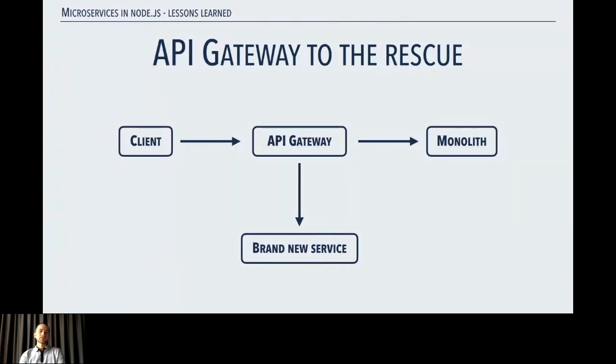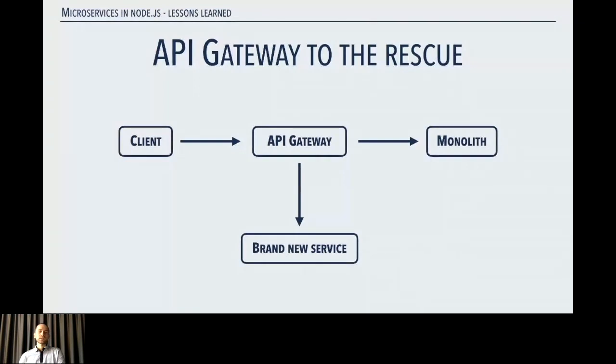And placing that API gateway in front of our monolithic application and in front of some brand new services gives us the opportunity to route traffic to those new services if necessary, and to the old monolithic application if necessary, if there are some implementations of business logic.